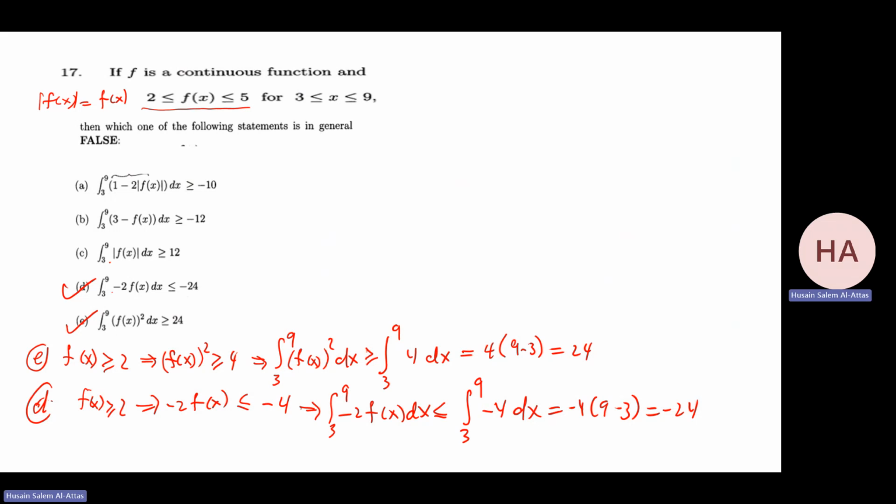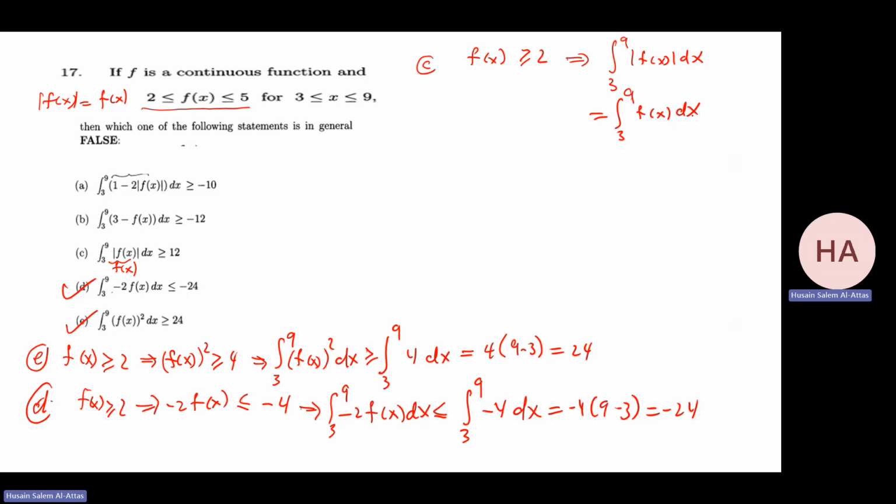Now, absolute value f of x is the same as f of x. Let me do C here. I know f of x is greater than or equal to 2. So the integral from 3 to 9 of absolute value f of x dx will be the same as f of x dx, since f of x is between 2 and 5, so it's always positive.